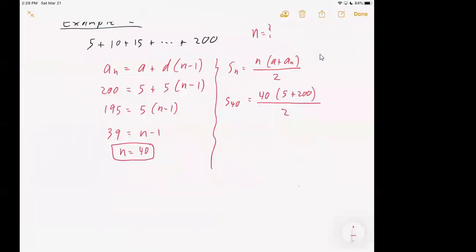Probably the easiest thing is to take the 40 and divide by 2. So S of 40, if we're doing this mentally, is 20 times 205. So that looks like it would be 4,010. So that's what the sum of the first 40 terms would give us.